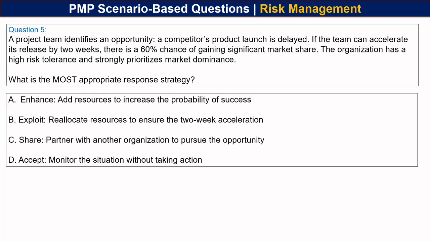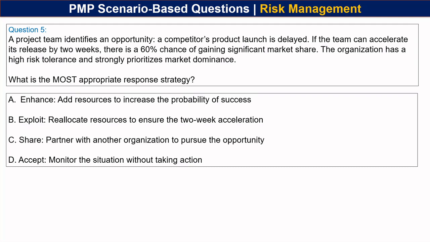And the options are: A. Enhance, that's add resources to increase the probability of success. B. Exploit, that's reallocate resources to ensure the 2 week acceleration. C. Share, that's partner with another organization to pursue the opportunity. And D. Accept, monitor the situation without taking any action.